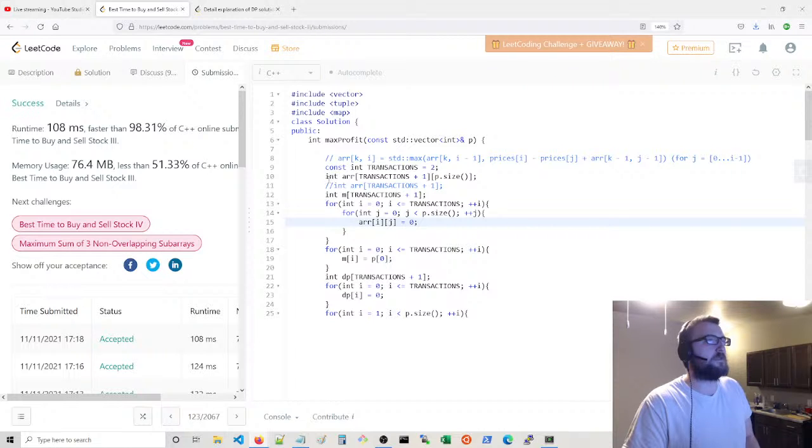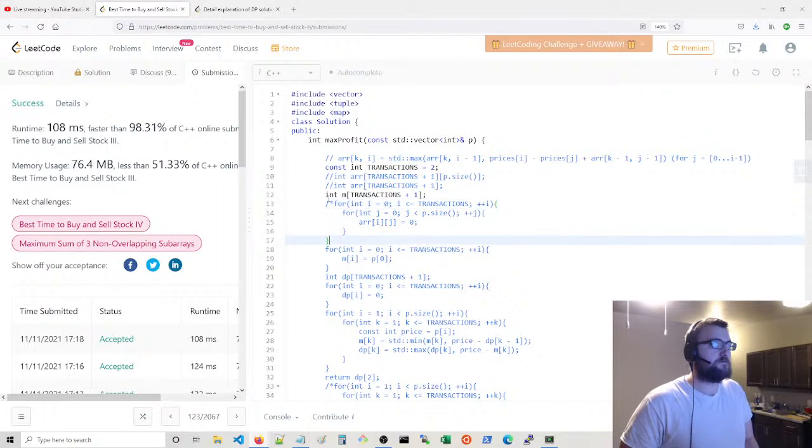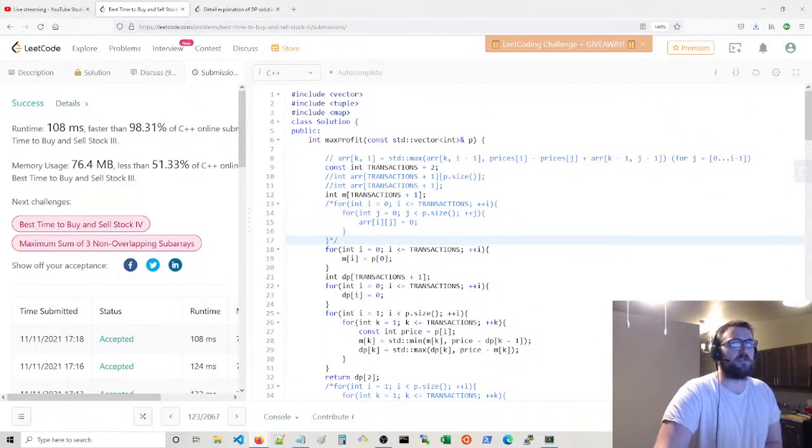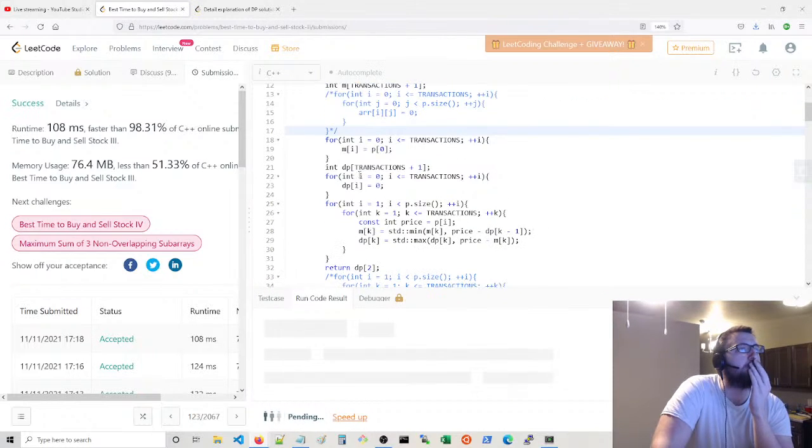So now we can get rid of our array here. We can get rid of this part here. And what does this look like? Is this still correct?